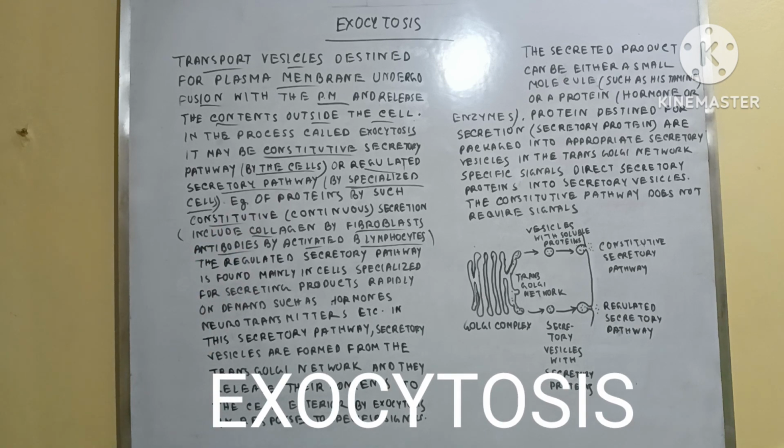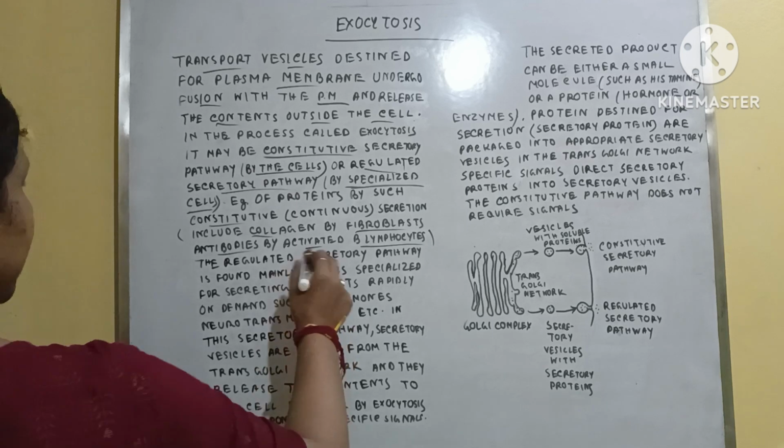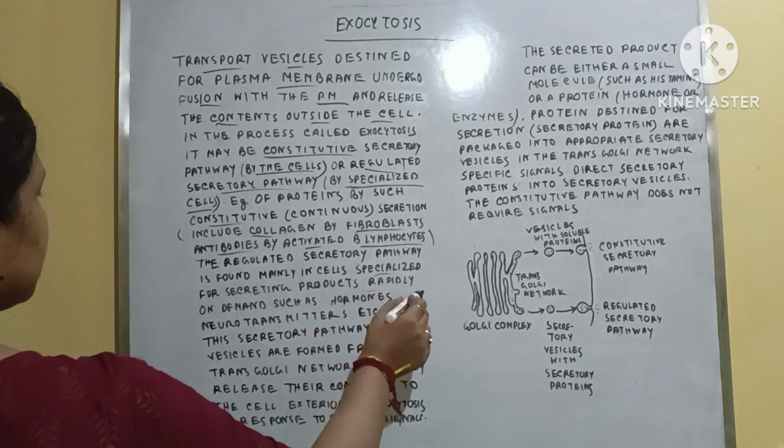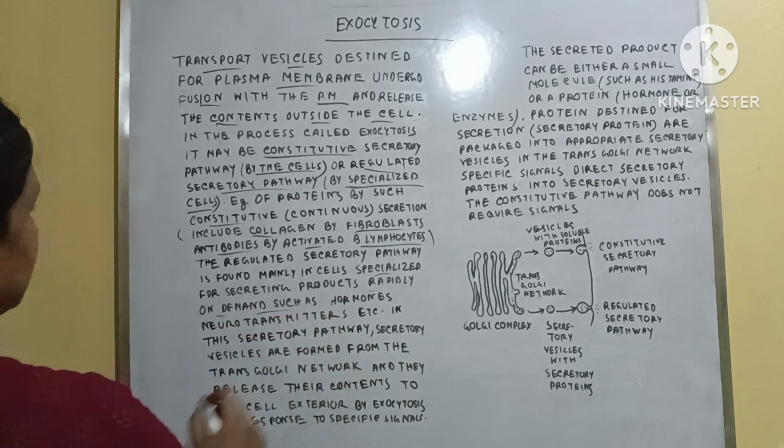The regulated secretory pathway is found in specialized cells, for secreting products rapidly on demand.